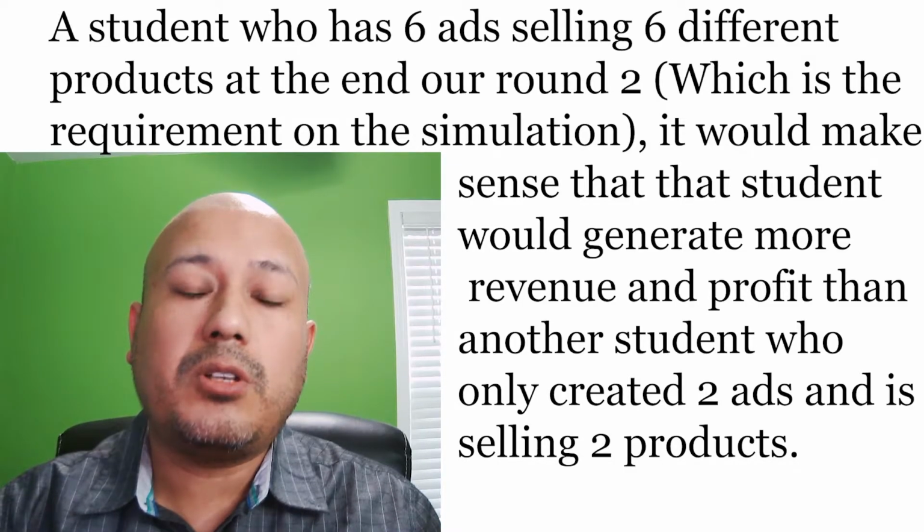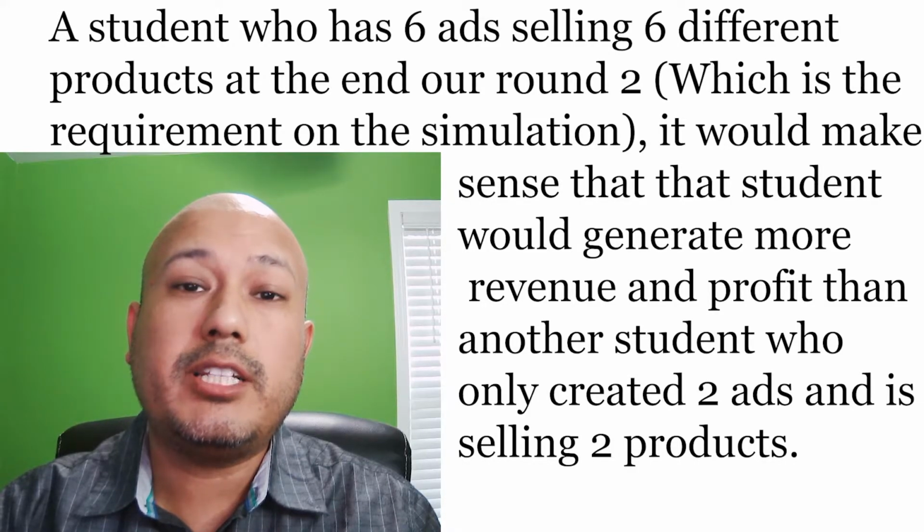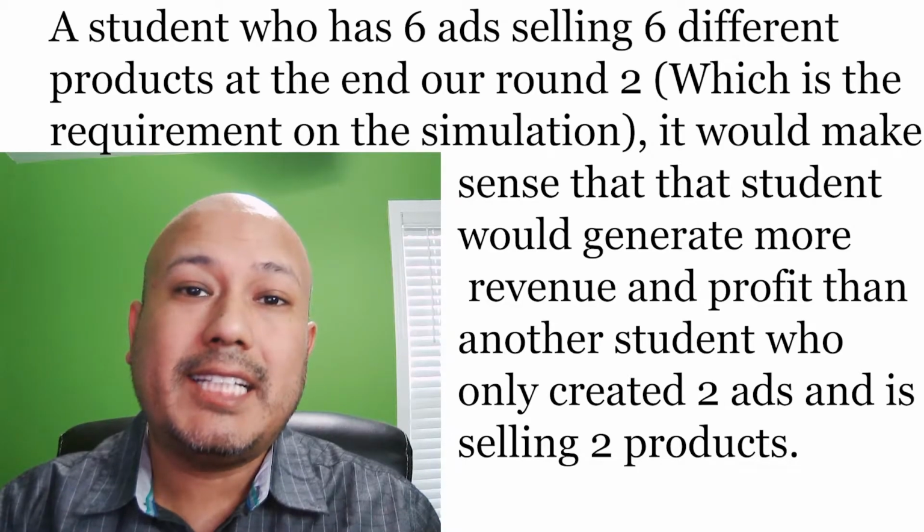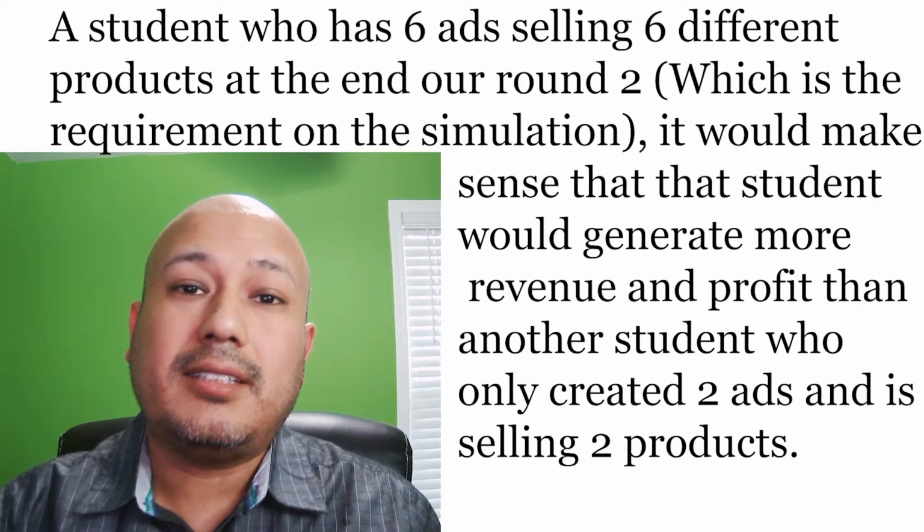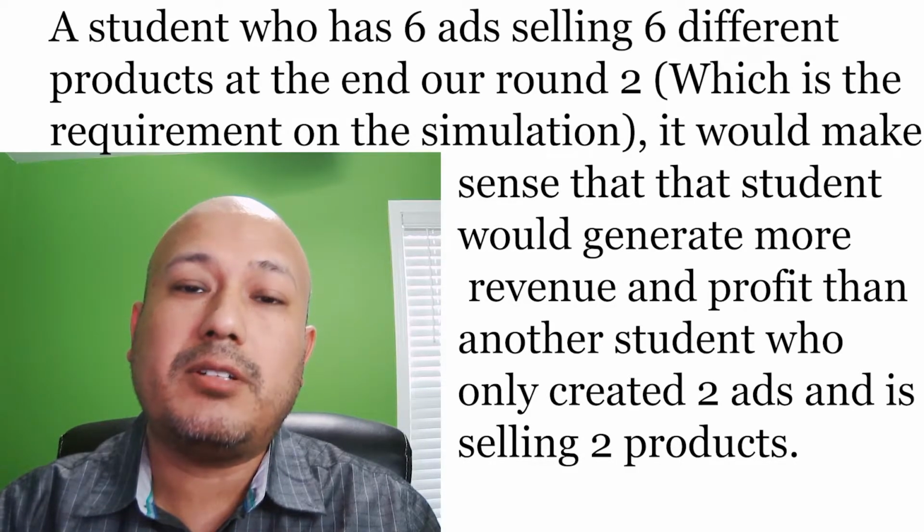Versus if you followed all the requirements and at the end of round 2 created 2 campaigns with 6 ad groups and then 6 advertisements, then that $5,000 is going to be allocated across the 6 different advertisements. Now there is a higher chance that you will be using up all of your budget, because now you have 6 ads in the market, compared to if you only did one ad for one ad group and one campaign, then you only have one ad.